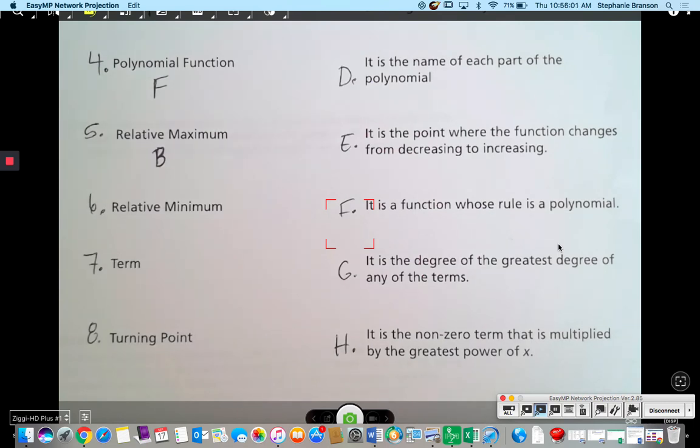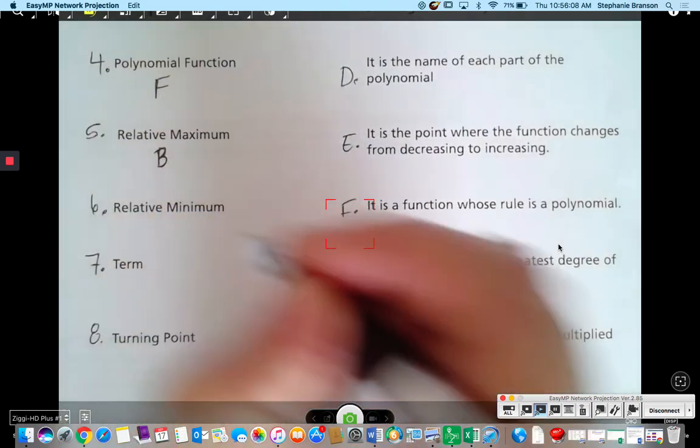Relative min is going to be E, the point where the function changes from decreasing to increasing.